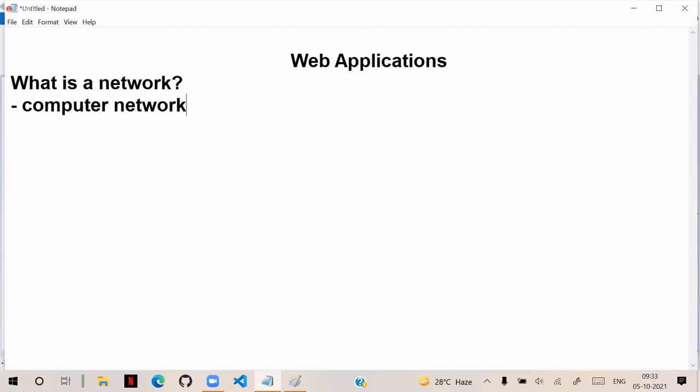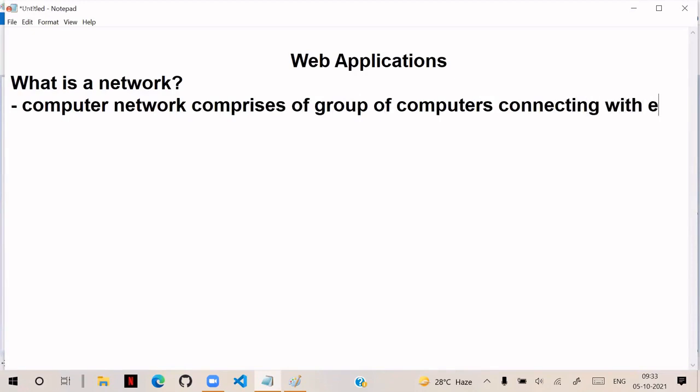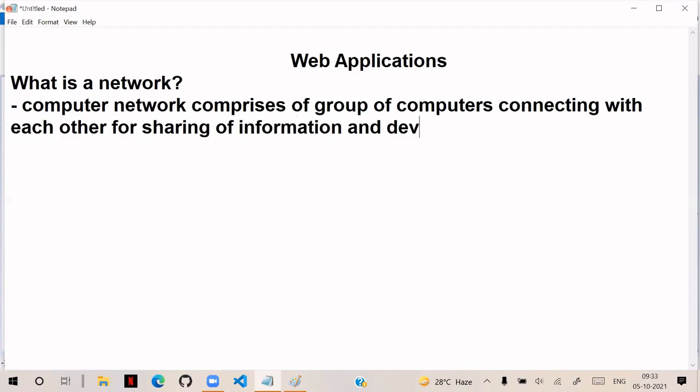A computer network comprises a group of computers connected with each other for sharing of information and resources.